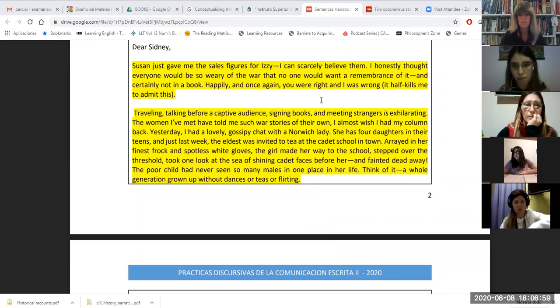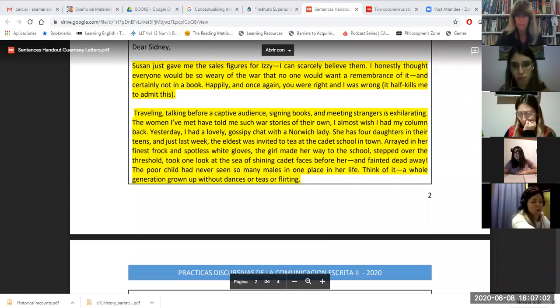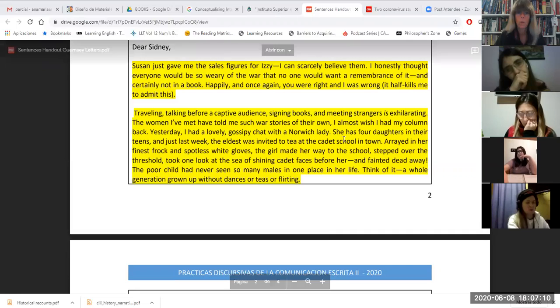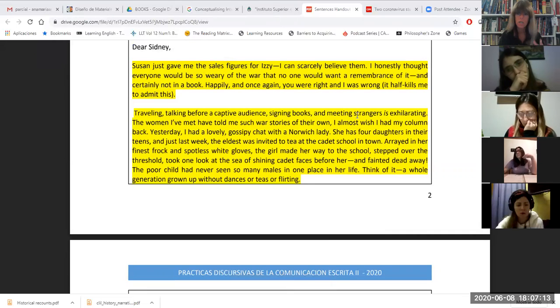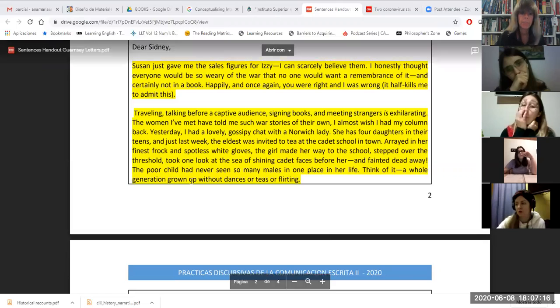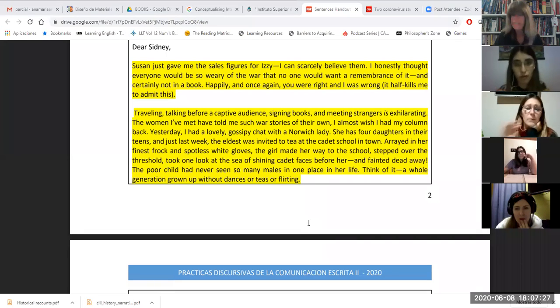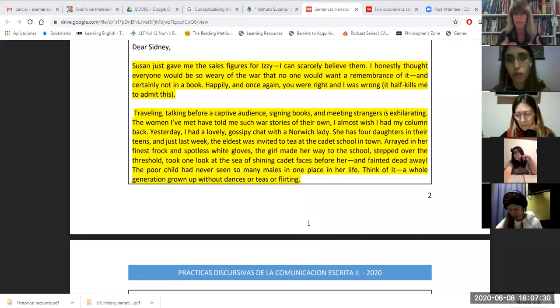What type of sentence is that? Let's start by trying to analyze this. Is it a simple sentence? No, it is not simple, because for a simple sentence, remember that we need a subject, one conjugated verb, and one complete thought.